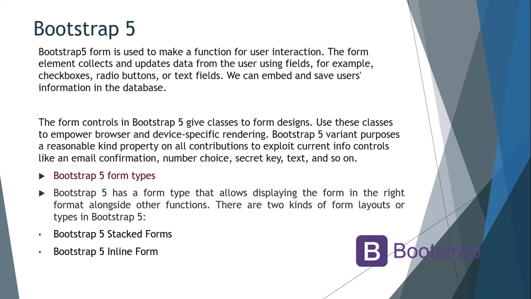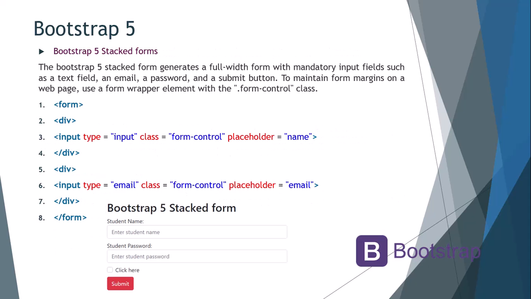Alright, and there are two types of Bootstrap 5 form. Right? We have the stacked form and the inline form. Now I'll show you the example of each of the two types of Bootstrap 5 form. Right? Now take a look at this picture on the screen. The Bootstrap 5 stack form is like a form where you have a straight form, right?